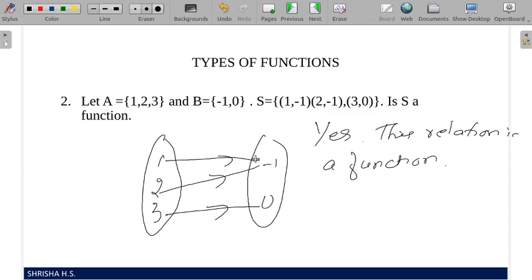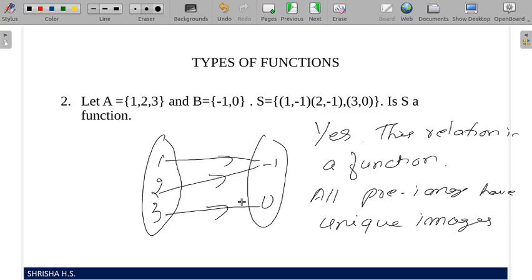Because all pre-images have unique images. 1 maps to -1, 2 maps to -1, 3 maps to 0.